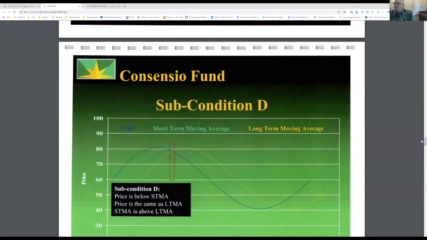You can be all of those things, but not if you're using Consensio for making a decision unless you predetermine how long you intend to hold this particular asset. We will get into that in a lot of detail in the second part when we talk about trends.